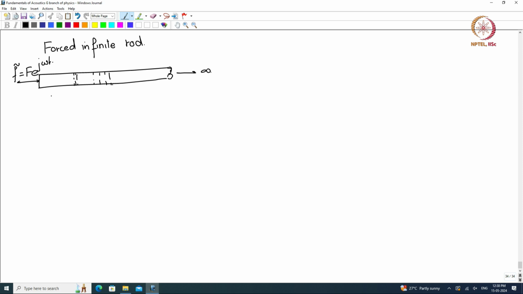Now because the form of the wave equation is the same, no mystery that ∂²ξ/∂x² equals one by c squared, let me put a delta to indicate it could be complex, as before, ∂t², and the general solution we know already is of this form: A tilde e to the power of minus j k x plus B tilde e to the power of j k x, times e to the power of j omega t.